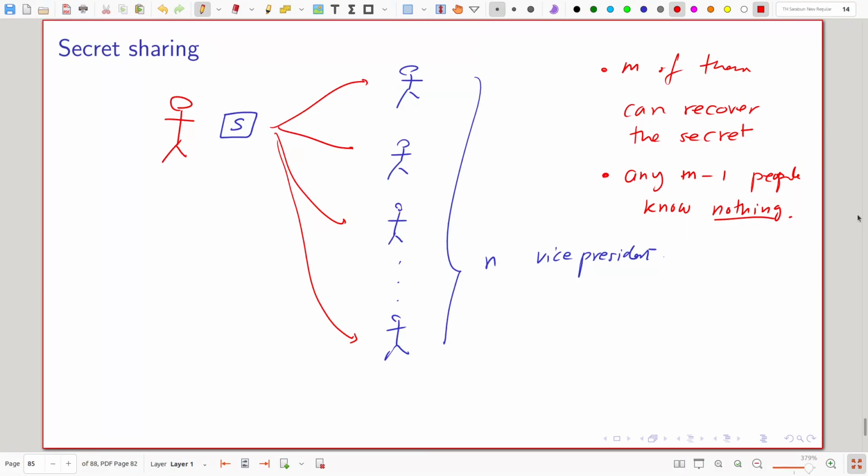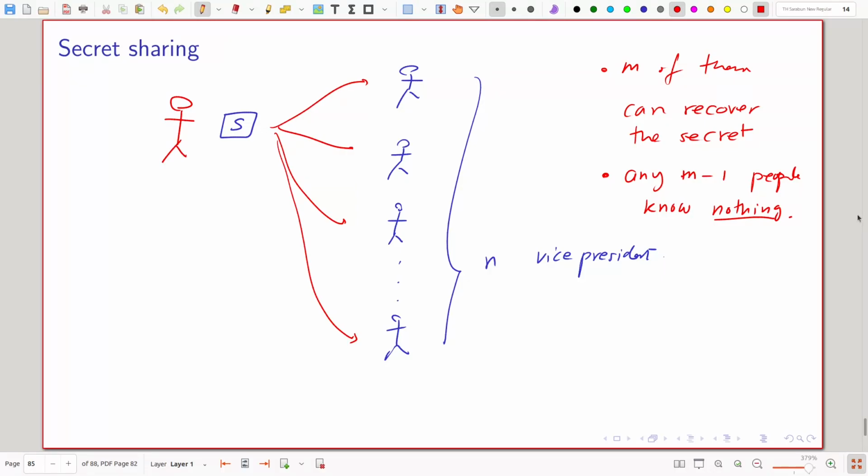It's not like M-1 people might know a fraction of the information. That's not what we want. We want M people to be able to recover the secret exactly, and any group of M-1 people should not gain anything, should know nothing about the secret. So this is what we want.